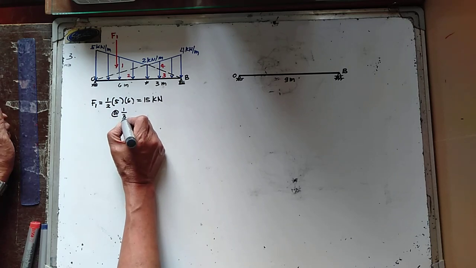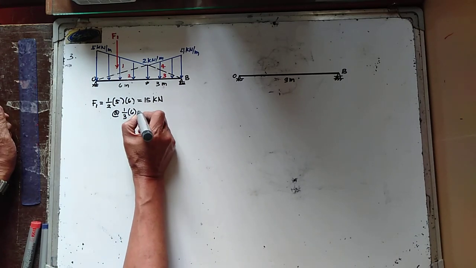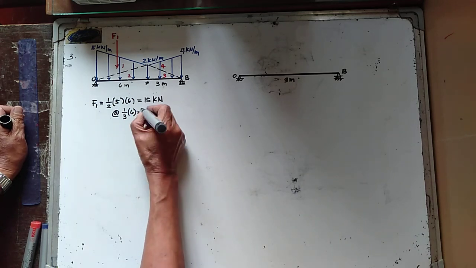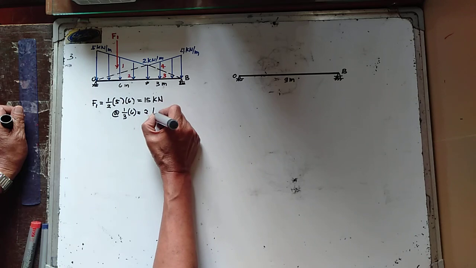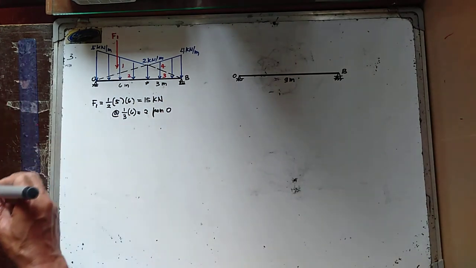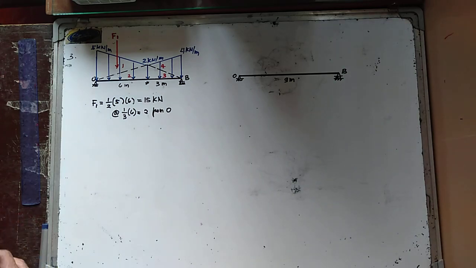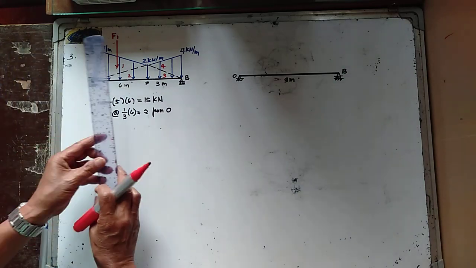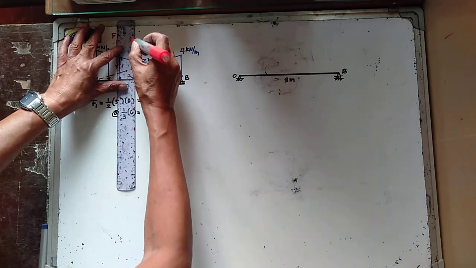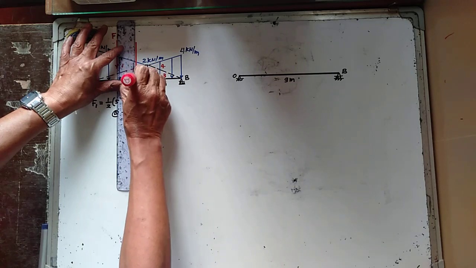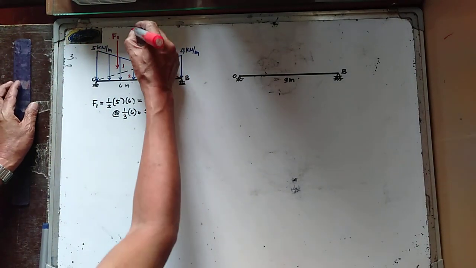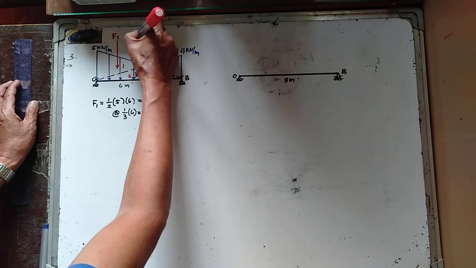Acting at 1/3 of 6, or that is equal to 2 meters from point O. Now for area 2, let us try to consider that the equivalent force of area 2 is F sub 2. So we now have F sub 2.